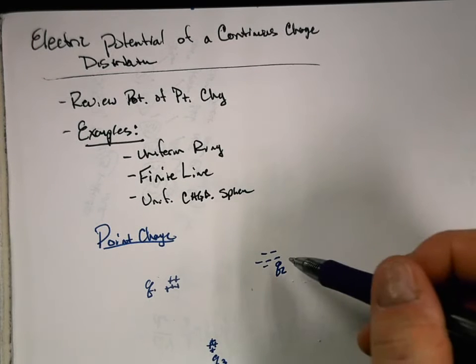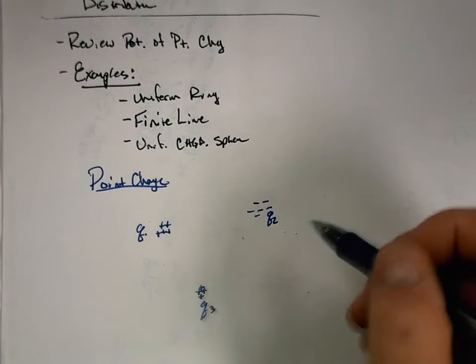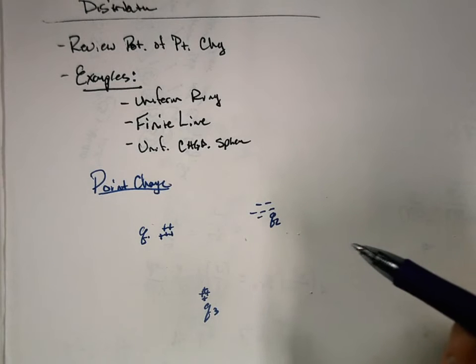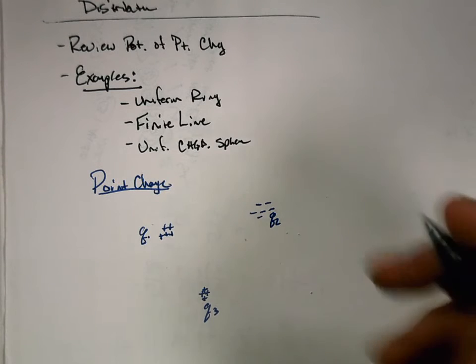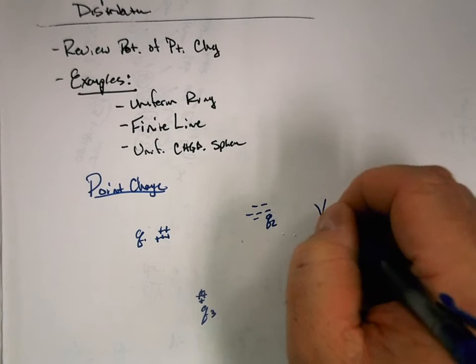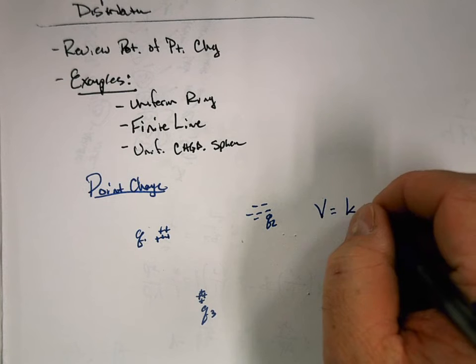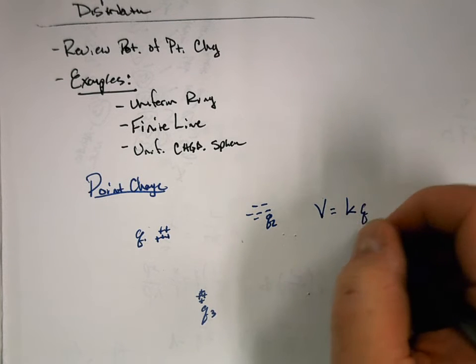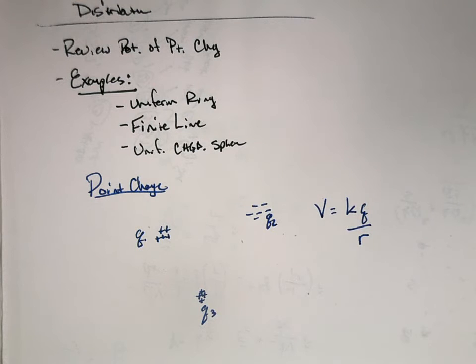And another charge over here, let's call that Q3. The potential for any one of these, because it is a scalar, it matters not from which direction it is causing the potential. For Q2 here, its potential is equal to kQ over r.